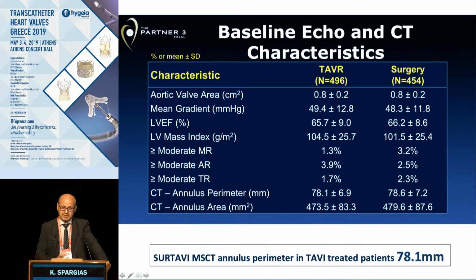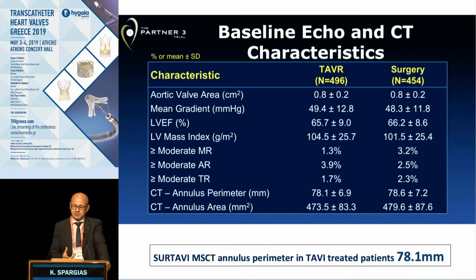I don't have the data from the low risk, but it seems that they are the same population. So this difference in the effective orifice area cannot be explained by baseline differences between the populations. They are the same population, but at the end, we consistently get a larger effective orifice area with the Medtronic valves compared to the SAPIEN valves.